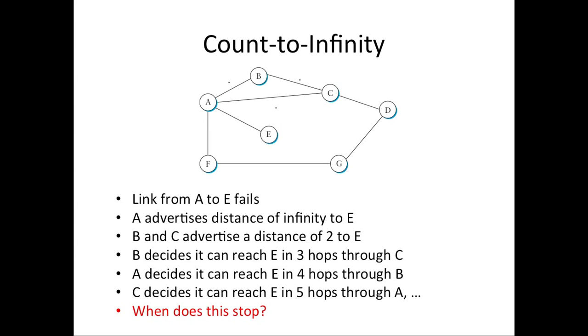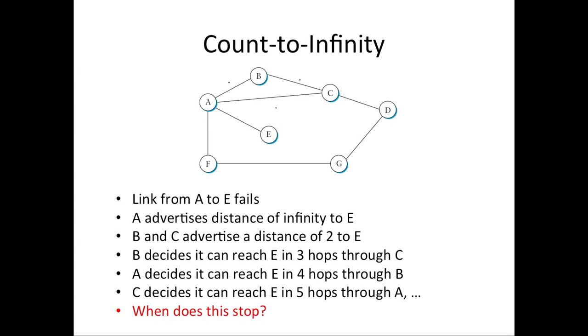Now B is going to advertise saying, I'm 2 hops away. And then A is going to say, oh, okay, there's an alternate path to E that's 2 hops. You're just replacing infinity with 0, and the same thing still happens. You're still updating each other. Let me explain that again. A says, I'm 1 hop away from E, and B says, okay, great, I'm 2 hops away.